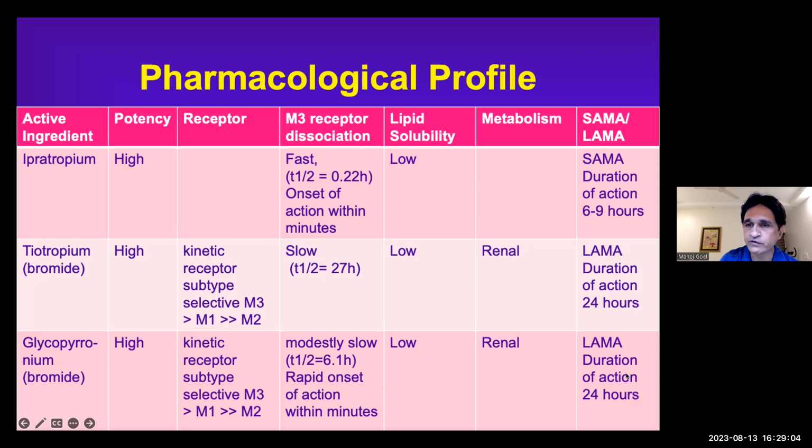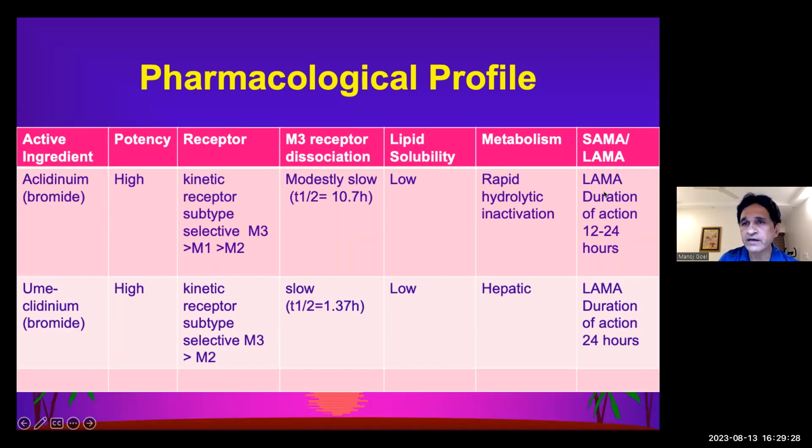Glycopyrronium also has a duration of action of up to 12 to 24 hours, but it has a rapid onset of action within minutes. So nowadays we are preferring glycopyrronium over tiotropium because of the rapid onset of action. Okay, so some of the pulmonologists are more interested in using, or prefer, glycopyrronium over tiotropium. And we know that tiotropium has been around for years.